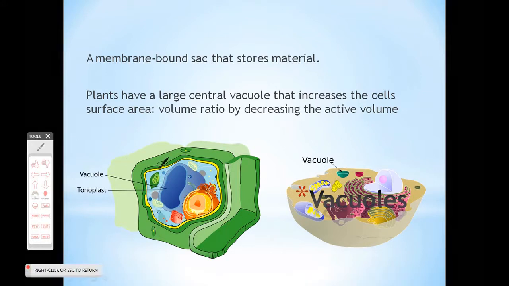Plants have this huge one though, called the central vacuole. The membrane surrounding it is called the tonoplast, if you were wondering what that is. And then animal cells do not have that massive central vacuole, but they do have little tiny ones used for storage.